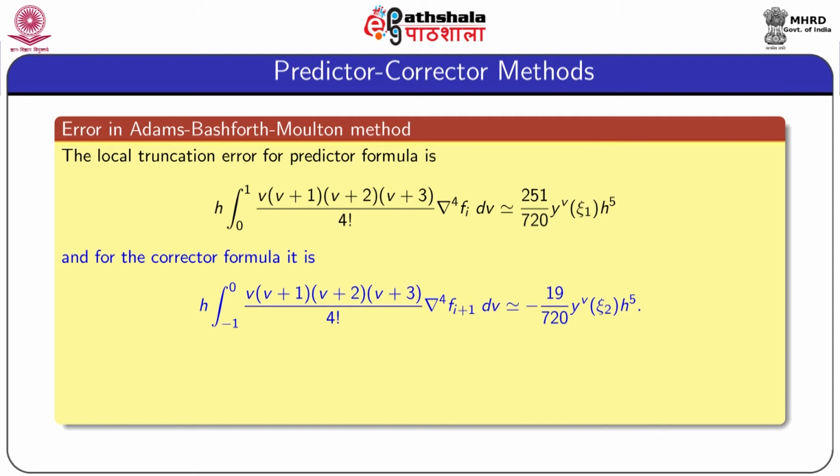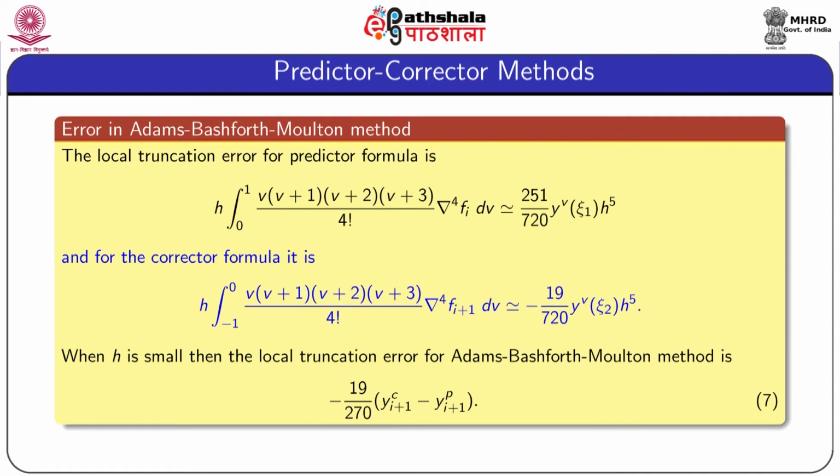And the error for the corrector formula is h into integration minus 1 to 0 v into v plus 1 into v plus 2 into v plus 3 by factorial 4 into nabla 4 f i plus 1 dv. After integration and replacing the value of the fourth difference, we get minus 19 by 720 fifth derivative of y at xi 2 h to the power 5.